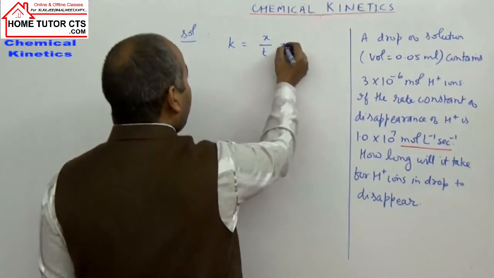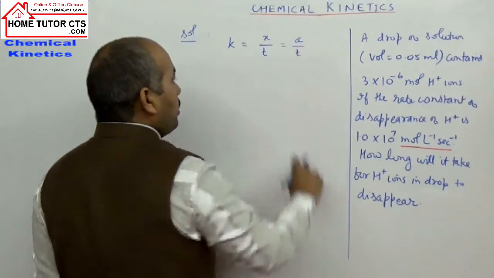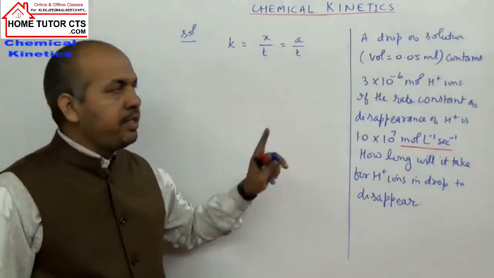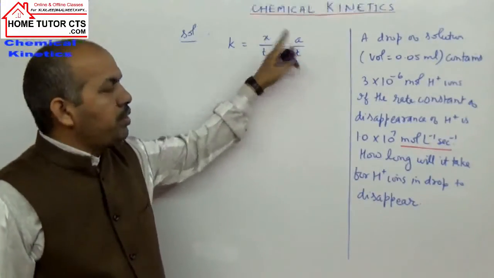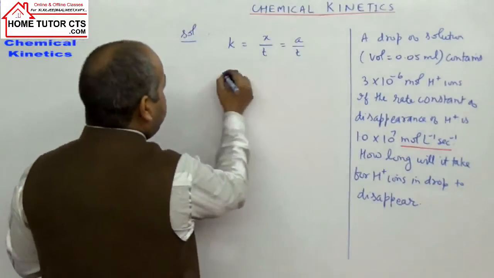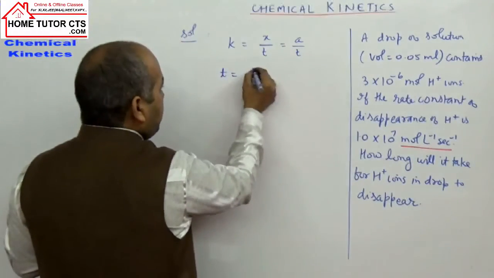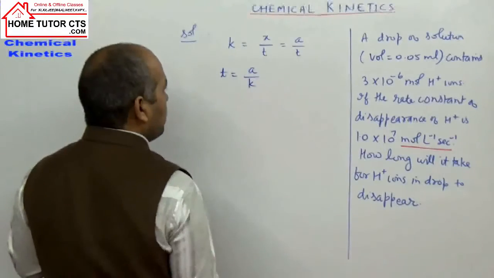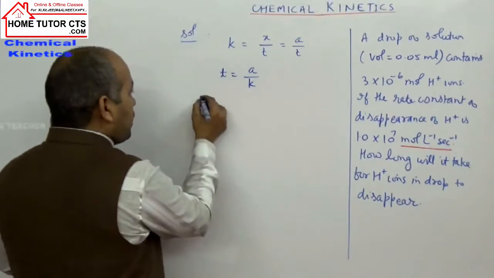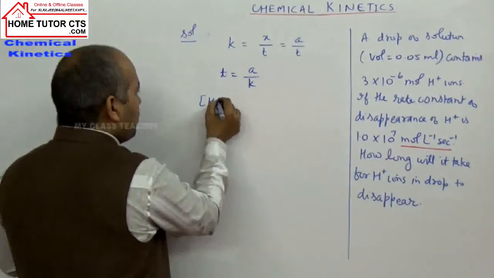Now when all the amount is consumed, this can be taken like a upon t. If all the reactant is consumed completely, we can replace x with a. We have to find time, so what is the time taken here? A upon k. What is A? A is the concentration of reactant. So what is the concentration of hydrogen plus ions in solution?